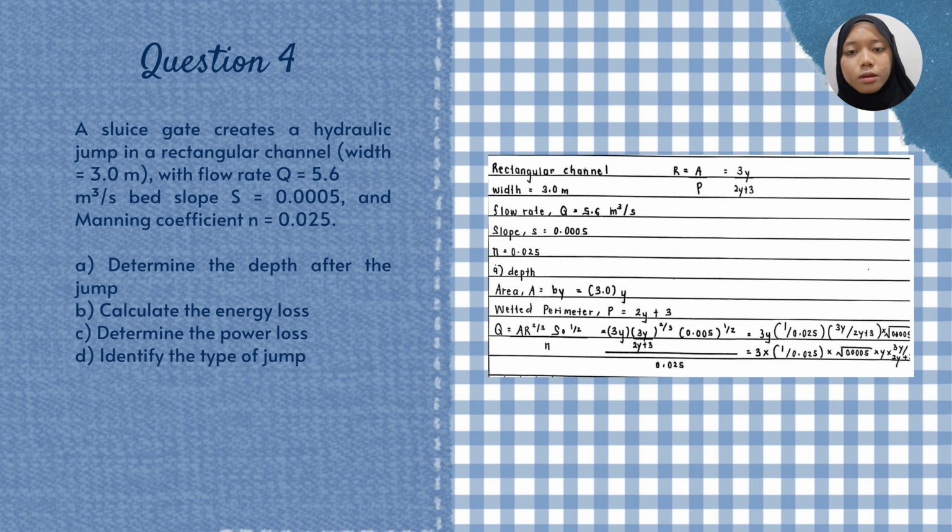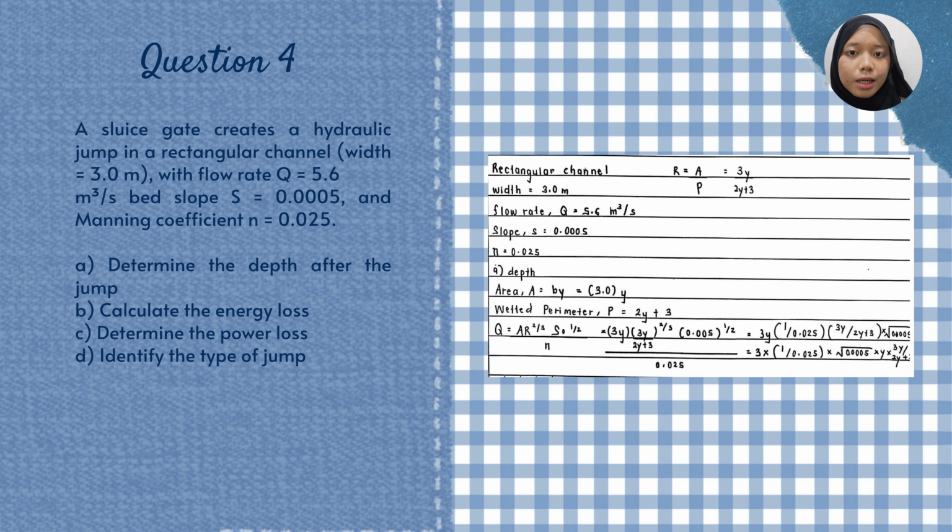We substitute all the values into the formula. From this equation, we find the depth y after the jump. After that, we can calculate the energy loss using HL equals E first minus E second.